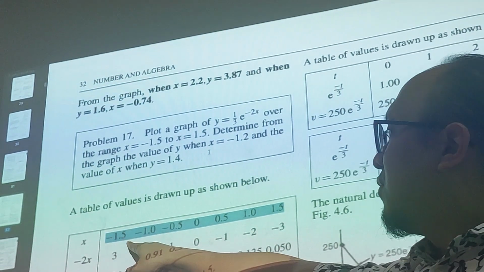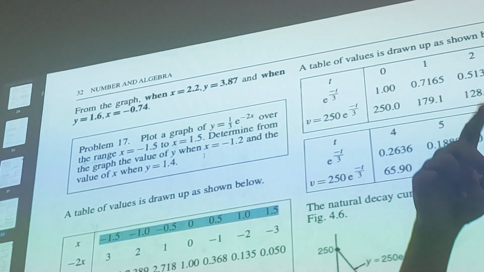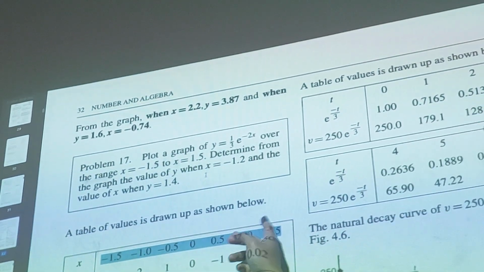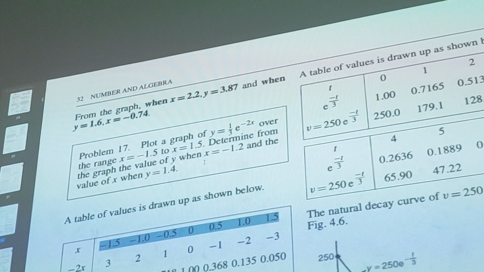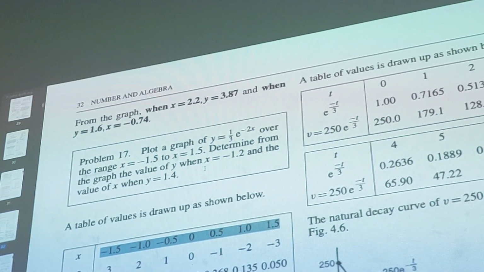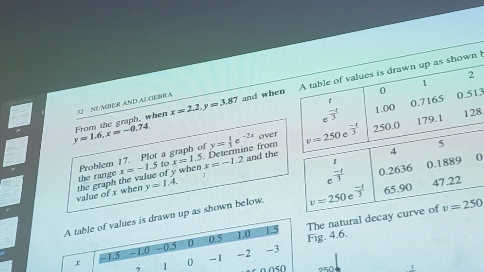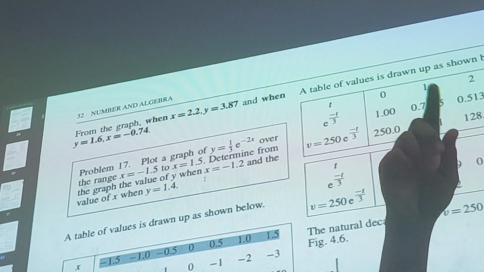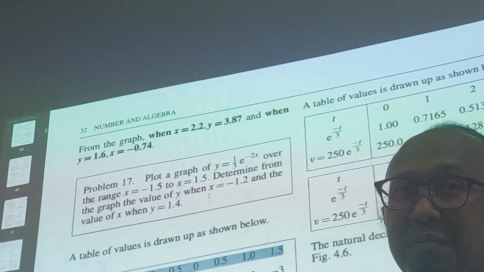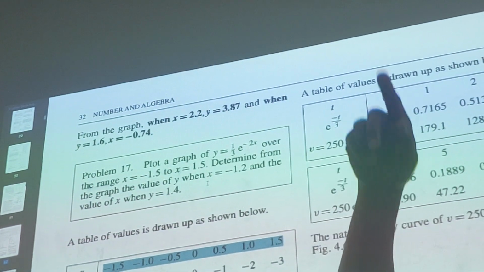Maybe the convenient increment is 0.1. If you choose, for example, 0.3, maybe the numbers are difficult to get, but it's up to you. Or maybe you use a small increment, 0.1, between minus 1.5 and 1.5.